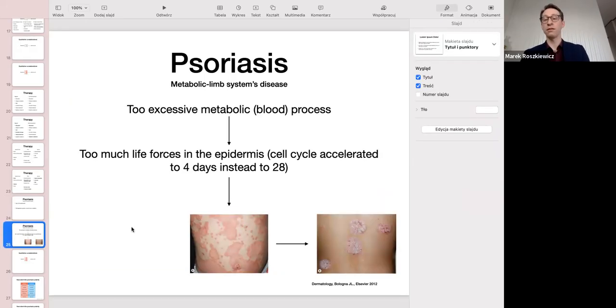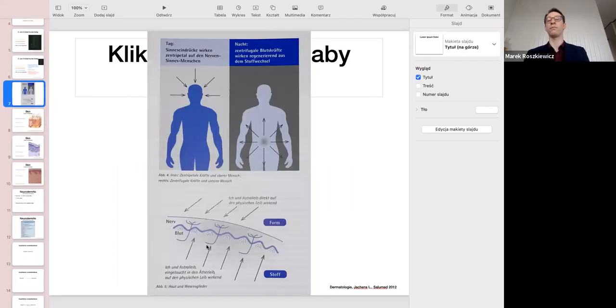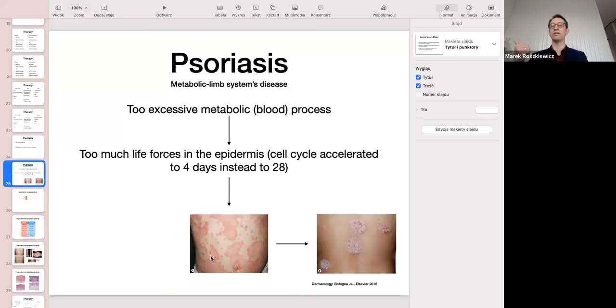So how can we see the process of psoriasis? Basically we can see that there is an excessive metabolic process. So the upbuilding process is dominating. As we saw here, this direction from inside outside is coming up, and we can see this in lesions because they are red, they are above the skin, they are also making this scaling process, which is also a bit of a forming process, but I will explain this a bit later.